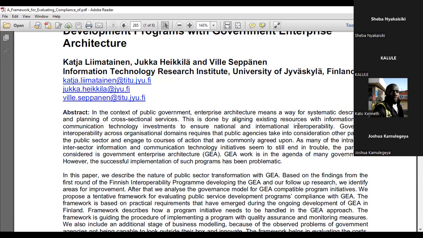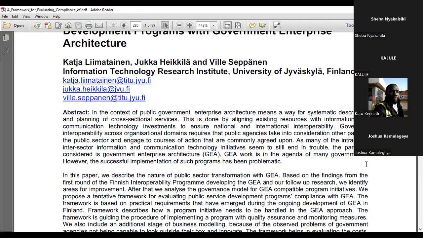Now here, specifically they talk about interoperability, that you can easily transfer or allow communication between systems. So they continue, they say governing interoperability across organizational domains requires that public agencies take into consideration other parts of the public sector and engage in courses of action that are commonly agreed upon.